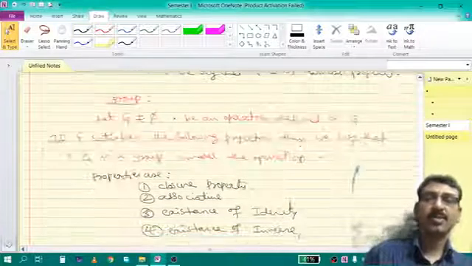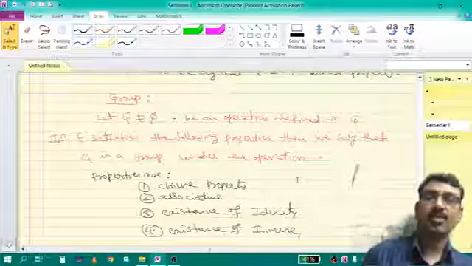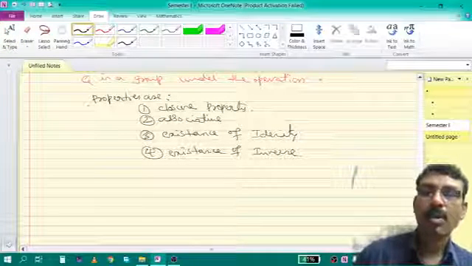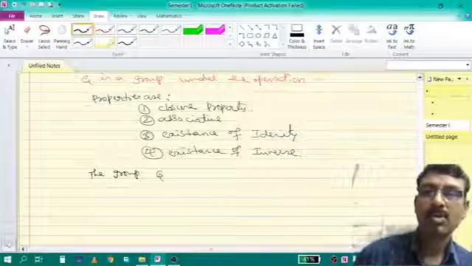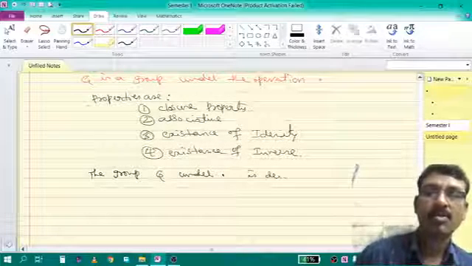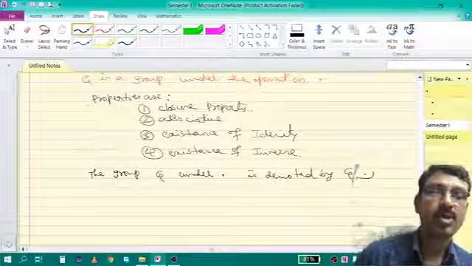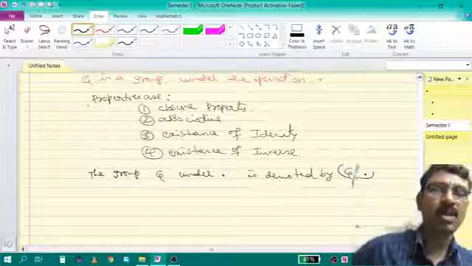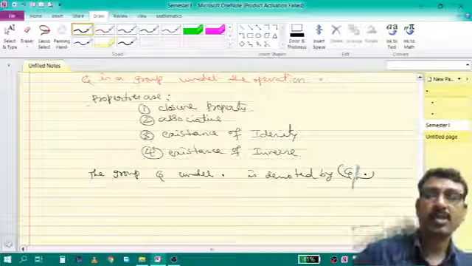If G satisfies all the four properties, we can say that G is a group, and the group G under operation dot is denoted by (G, dot). Then we have to mention the set and the operation combined together, we say that that is a group.